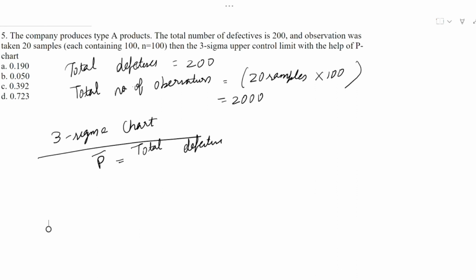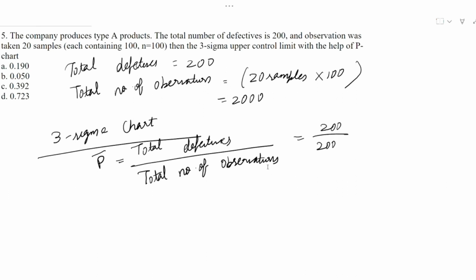P bar equals total defectives divided by total number of observations. This is 200 divided by 2000, equal to 0.1.